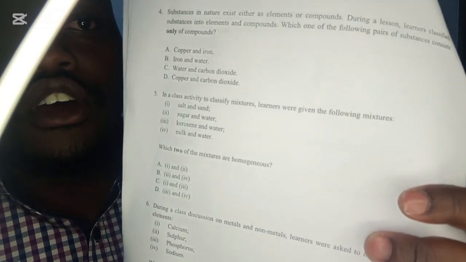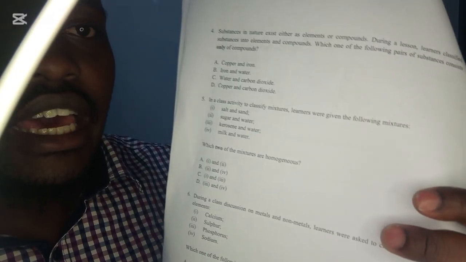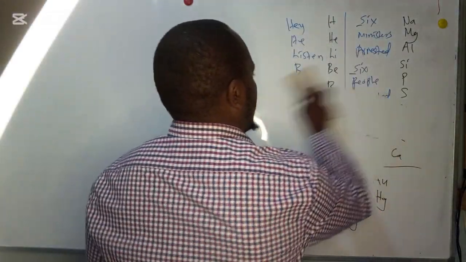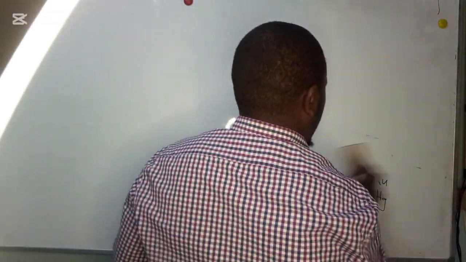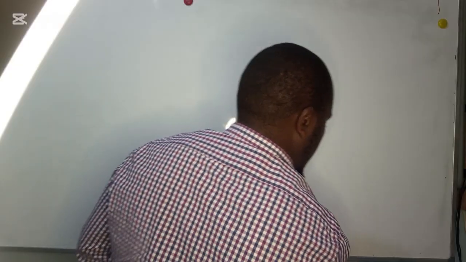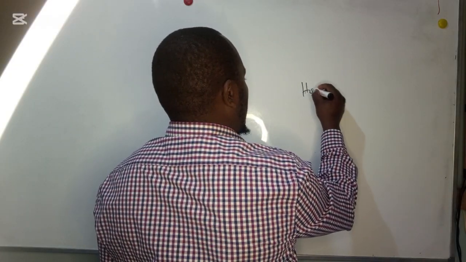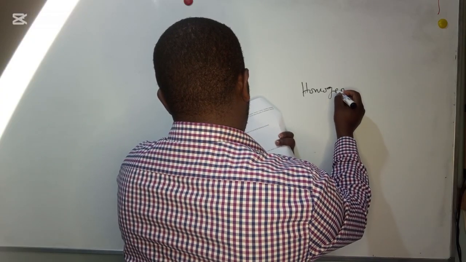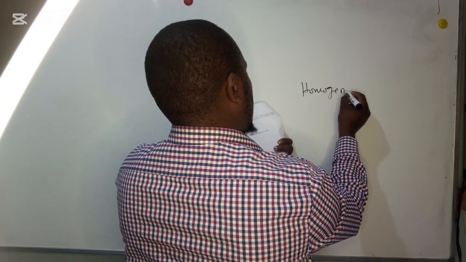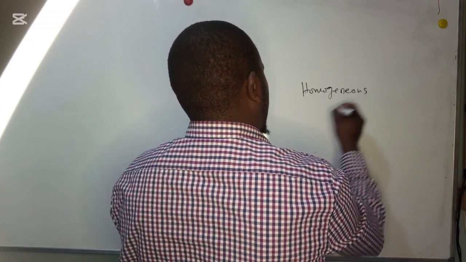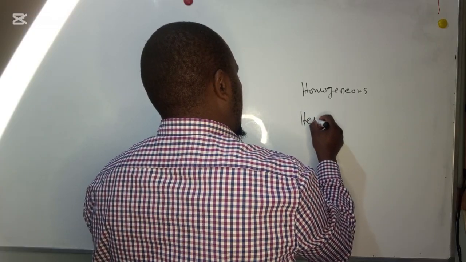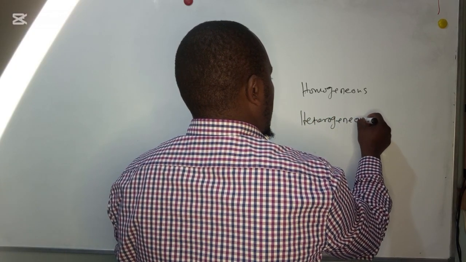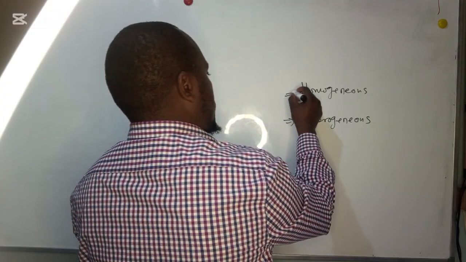What's the opposite of homogeneous mixtures? It is heterogeneous. So you have homogeneous mixtures and heterogeneous mixtures.